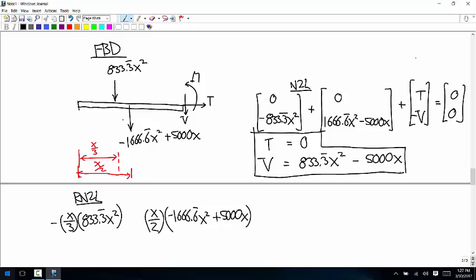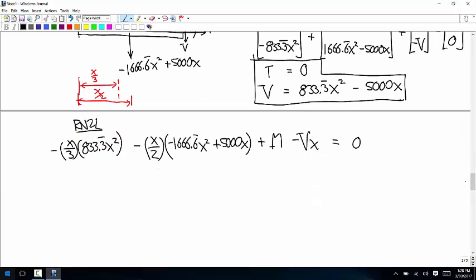Is that positive or negative? Also negative. And then we have plus M minus Vx is equal to 0. So multiply those out, and you get, is that negative 266.6 repeating x to the third?